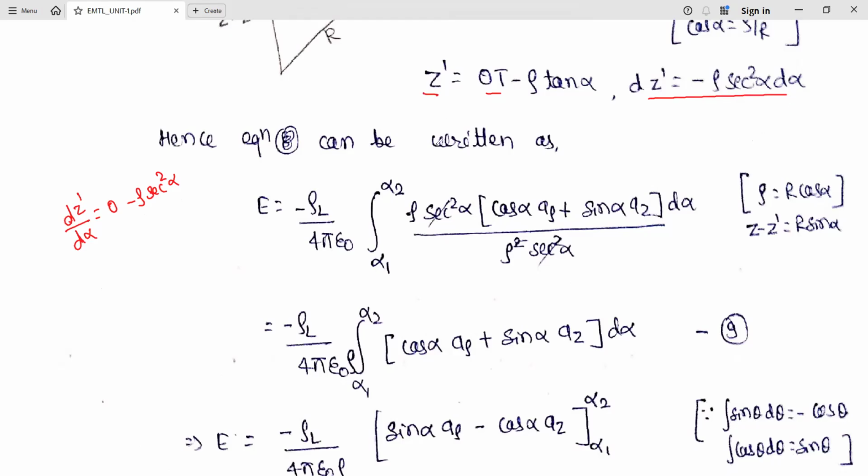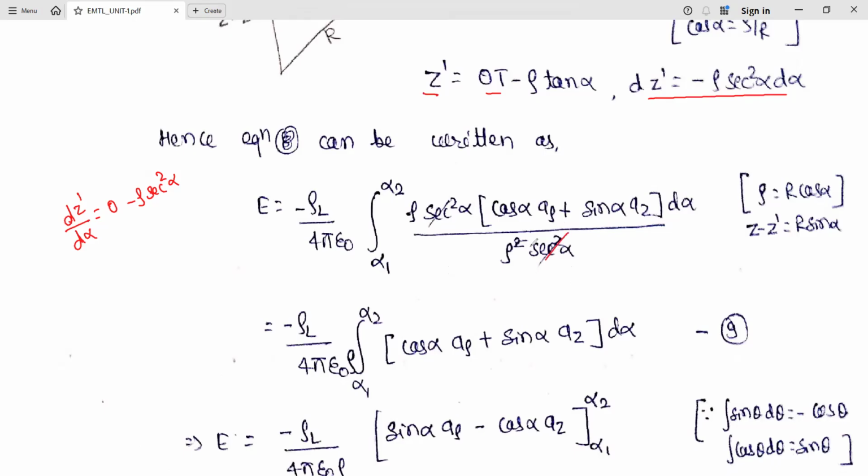Finally, all values we are substituting here: the dz dash value as well as the r value. By substituting all, we have the expression equal to minus rho l by 4 pi epsilon naught, integral over alpha 1 to alpha 2, into rho sec square alpha into cos alpha a rho plus sin alpha az into d alpha, divided by rho square sec square alpha.